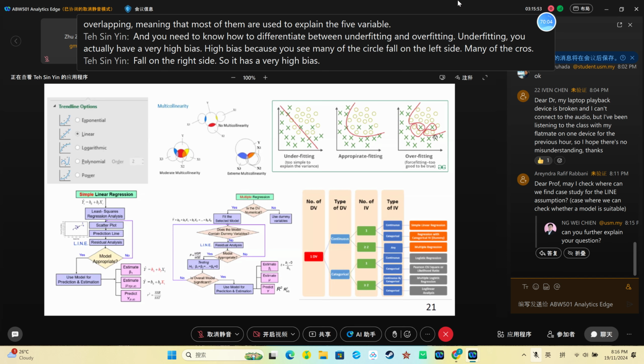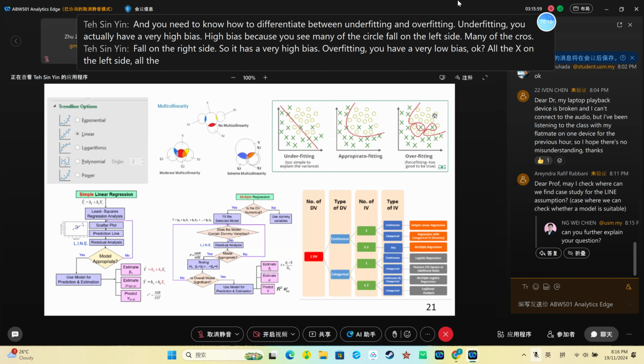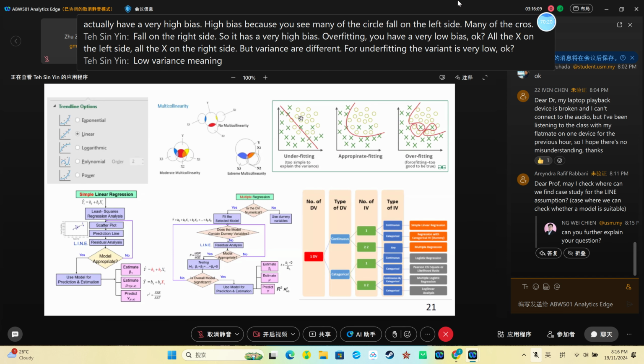Overfitting, you have a very low bias. All the circles are on the left side, all the crosses on the right side. But variance is different. For underfitting, the variance is very low. Low variance means when you have a new set of data, it can be easily fit using this linear regression.